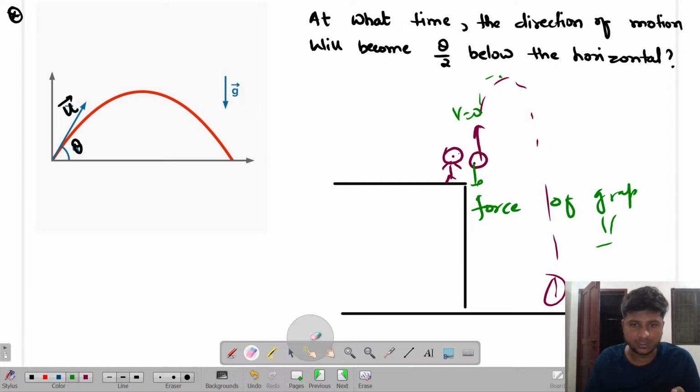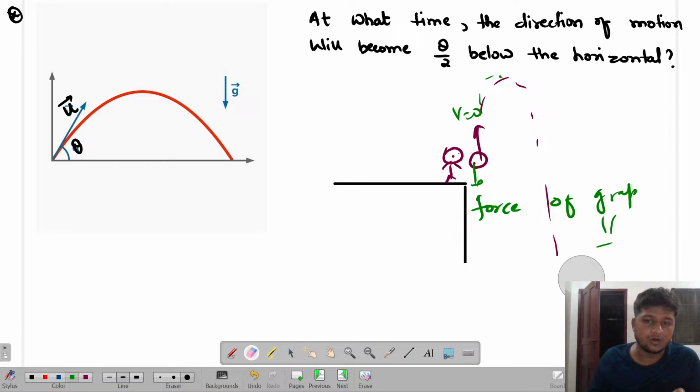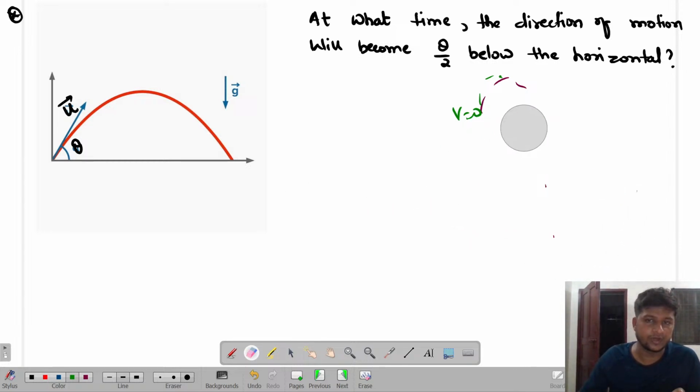So you have to remember this in terms of the conservative force. If there is a presence of non-conservative force, then only mechanical energy is non-conserved. If there is only conservative force, mechanical energy is always conserved, whether you throw it from an inclined plane, from the top of a building, from the ground, or deep inside the ground.